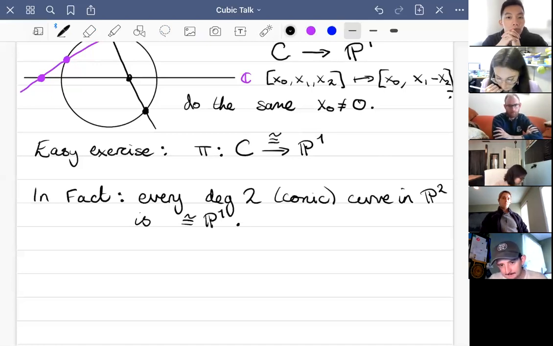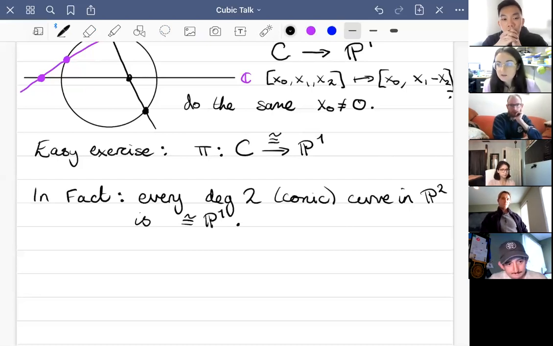So from this point of view, degree 2 and degree 1 curves in P2 are not super interesting. They're just isomorphic to the projective line. We know pretty much everything there is to know about the projective line, so they're not really worth looking at. But degree 3 is where things start to get non-trivial, even in the curve case.